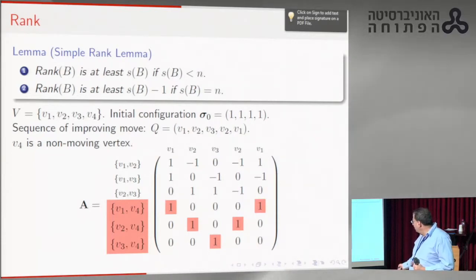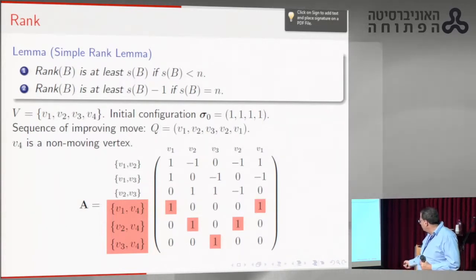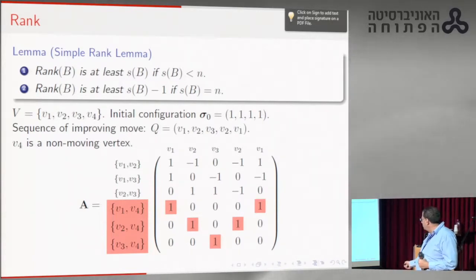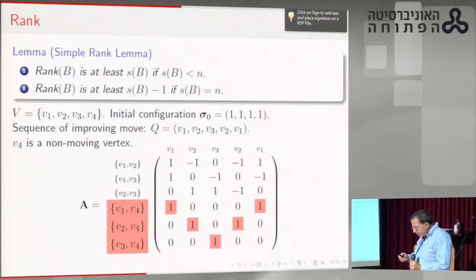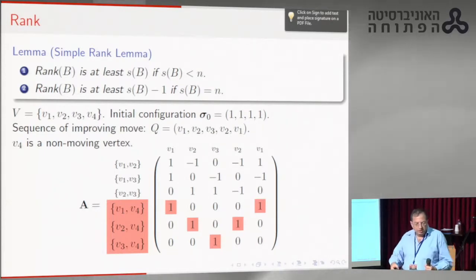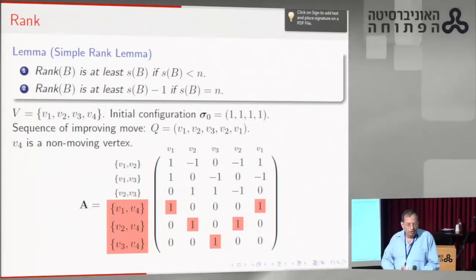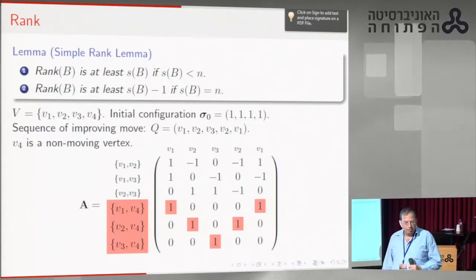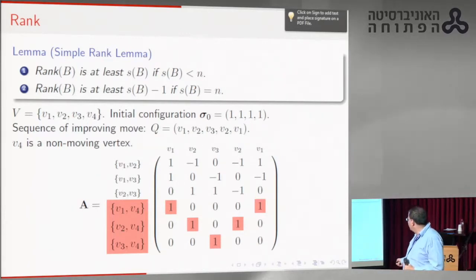Here it's occurring twice because we're looking twice at V1. But if we just take each moving vertex just once, then we obviously get linear independence, because we take the moving vertices V1, V2, V3. These three independent rows imply that these three columns will be independent.